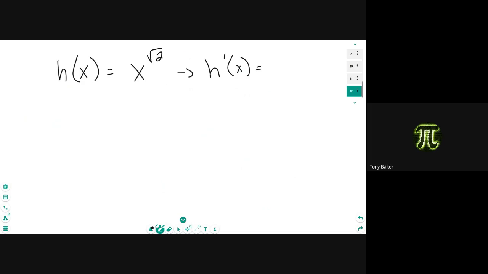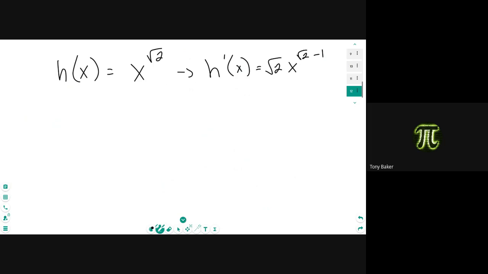That's okay. What's the rule say? n times x to the n minus 1, right? What's n in this case? Square root of 2. So that goes in front, and that's x. And what's up in the exponent? Square root of 2 minus 1. That's it.